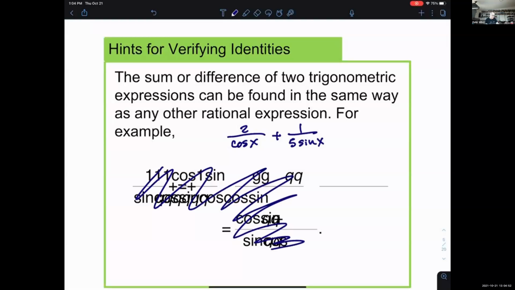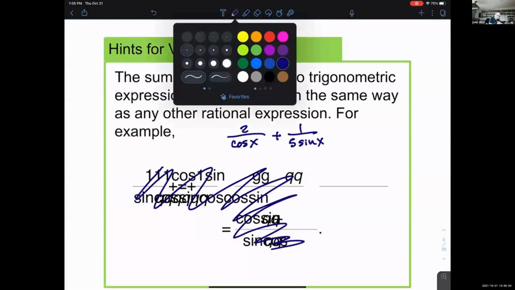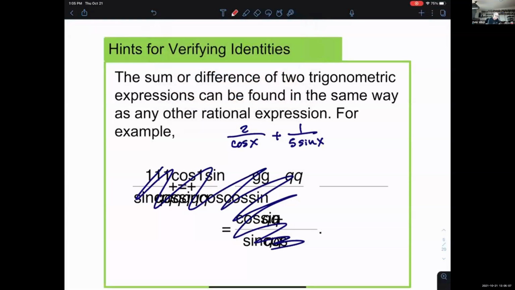Well, the sum or difference of these two rational expressions could be combined just as if they didn't have trig functions in them, meaning that you would get a common denominator. In this case, to get a common denominator, I would multiply the fraction on the right by cosine x in the top and the bottom, because that's the denominator of the left fraction.